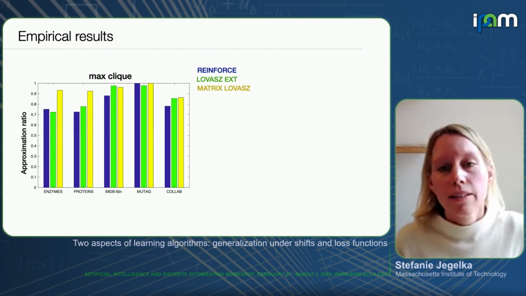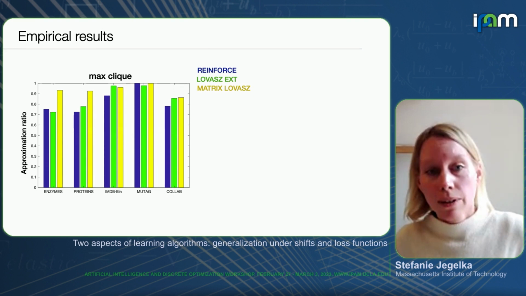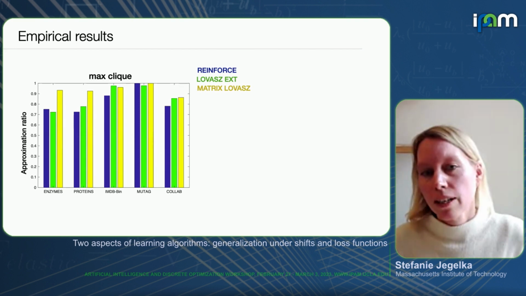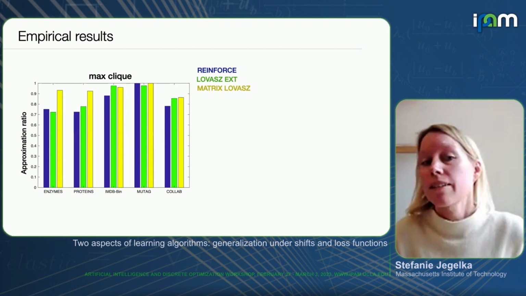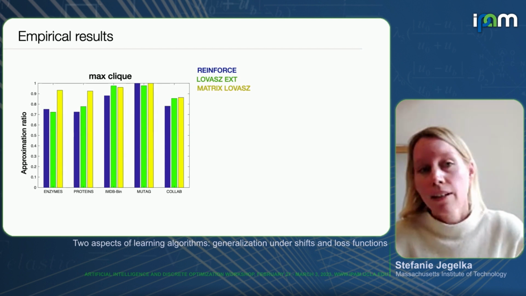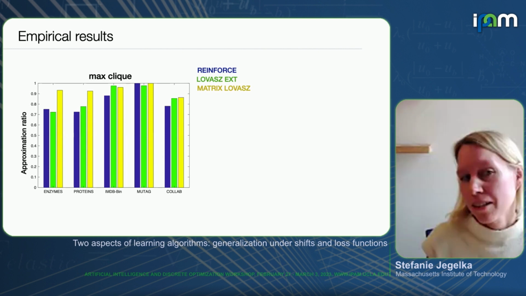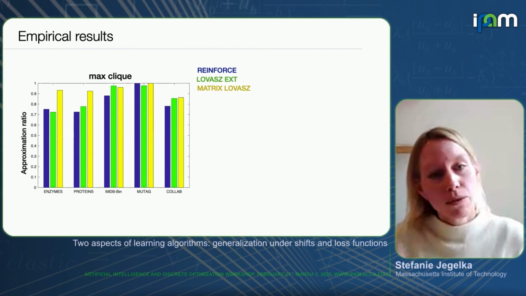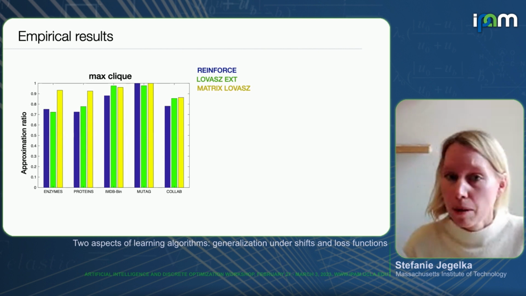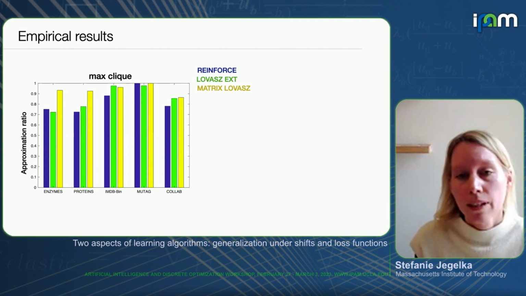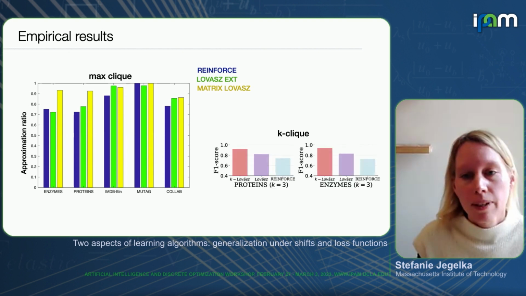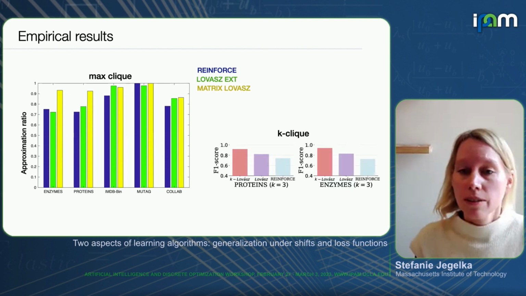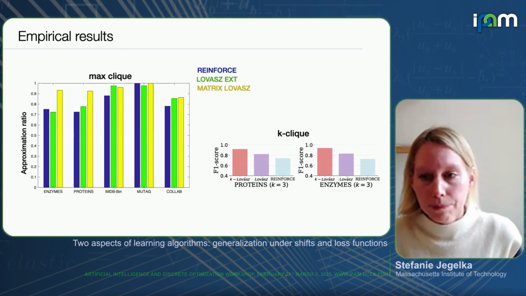And what you can see is that the matrix extension is very competitive and often better. Our reasoning is that this is in a higher dimensional space. This is also not a new insight in both machine learning and optimization: if you go into a higher dimensional space, the problems often become easier. And here's another example with a K-clique problem.